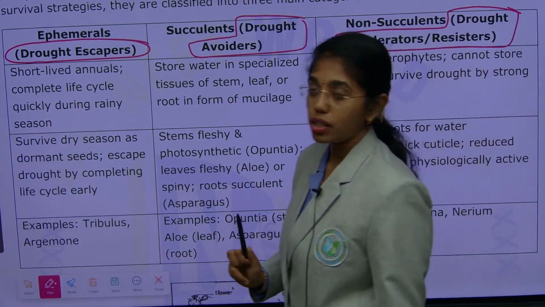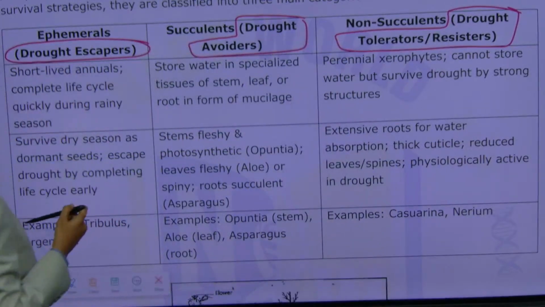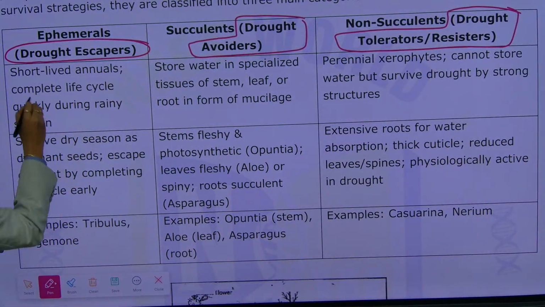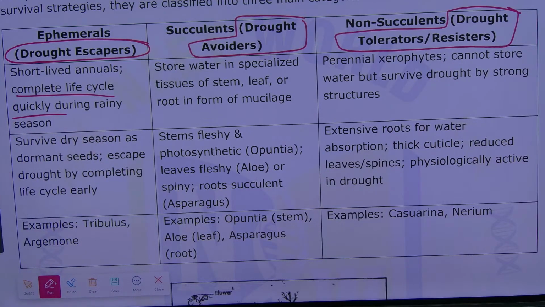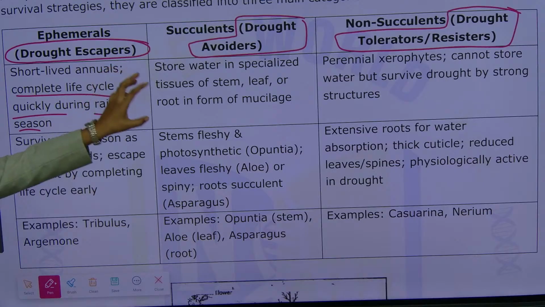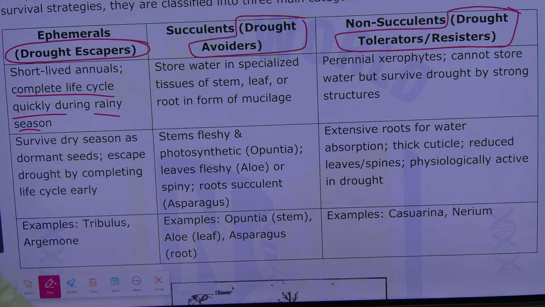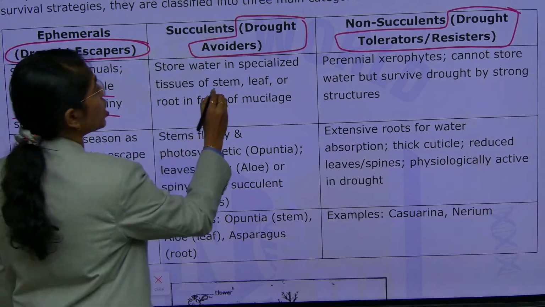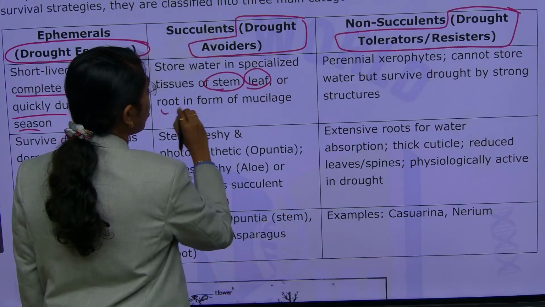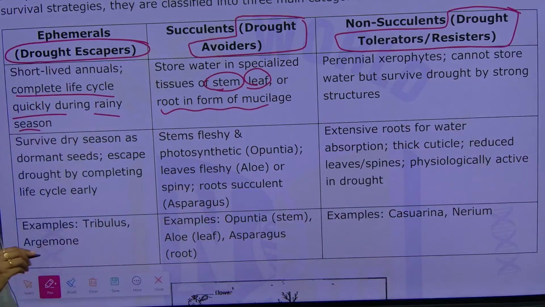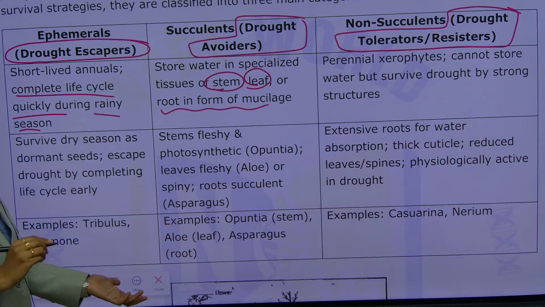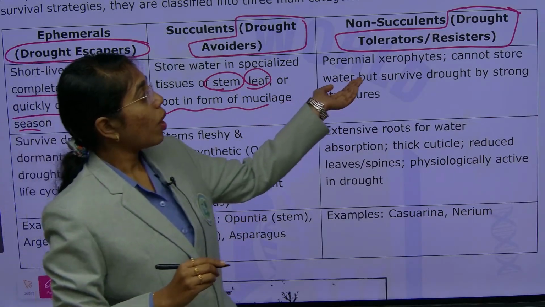What are ephemerals actually? Drought escapers, right? They are short-lived annuals whose lifespan completes within one season, especially during the rainy season. Succulents, which are drought avoiders, store water in specialized tissues like stem, leaf or root in the form of mucilage. Example you can take is phylloclades. And what are non-succulents?